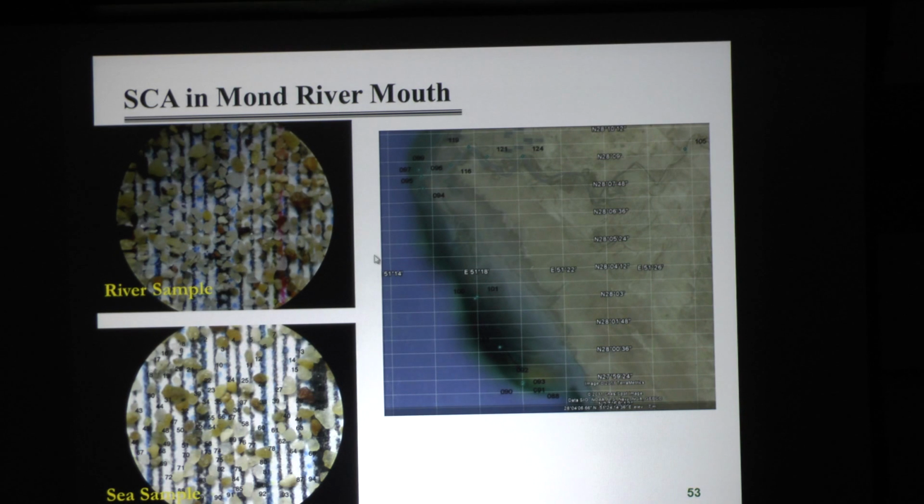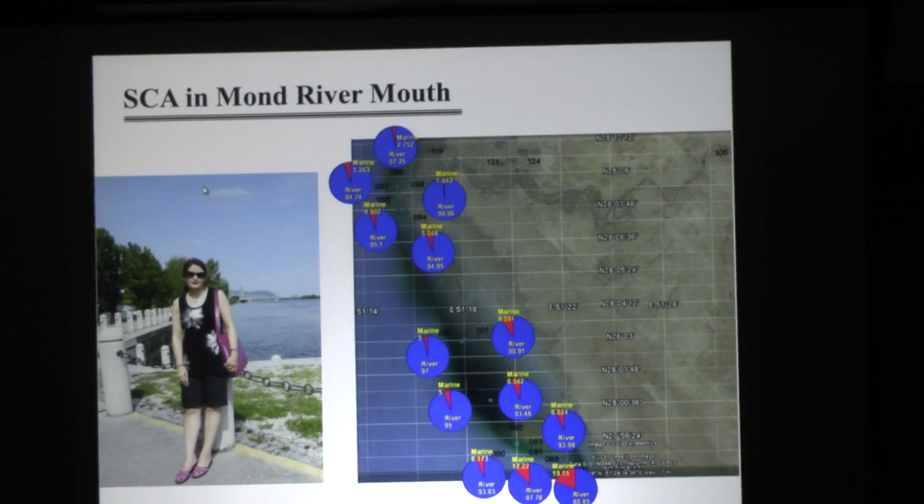We did some sampling from the river and from the spits here, and tried to compare the grains in the samples from the seaside to the samples from the river. And these are the results, again done by my student.